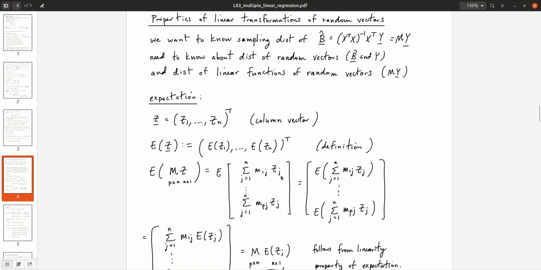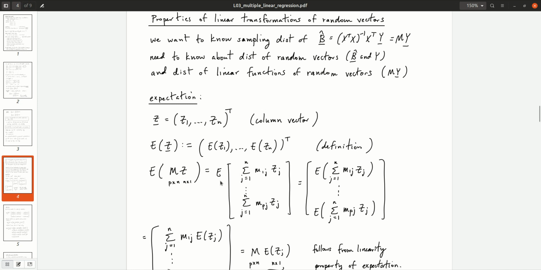This is just the dot product of the first row of M with the vector z, and so on and so forth down to the pth entry. What I mean by each element being a random variable is that this is just a linear combination of random variables, and so it itself is a random variable.